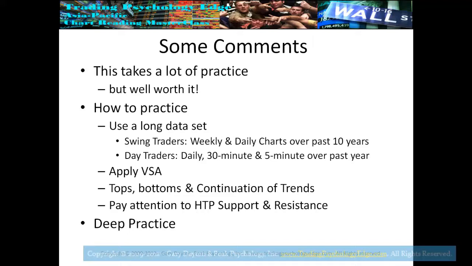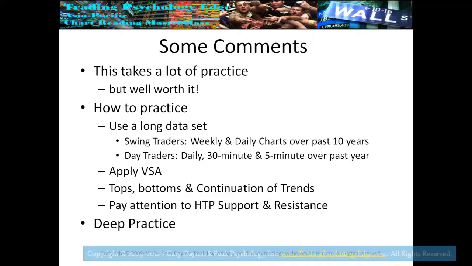Look for that stuff, and then see what the market does afterwards, and start to piece together how the market really works on a bar-by-bar basis. It will tell you what it's going to do next. Not necessarily in the very next bar, but over a series of bars, you'll begin to get a good sense of what the market is likely to do on the next swing or the next wave.